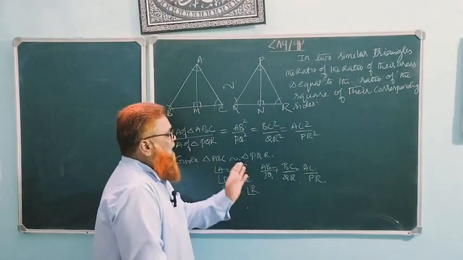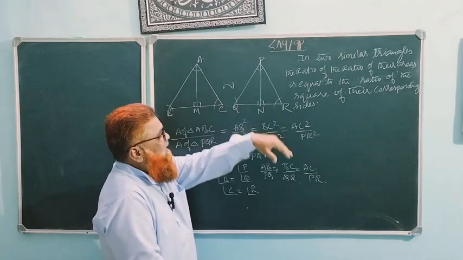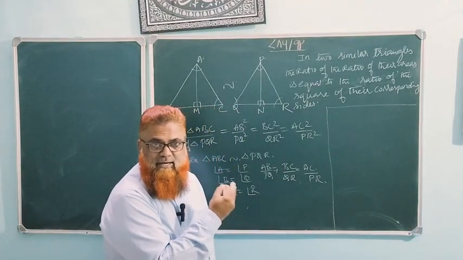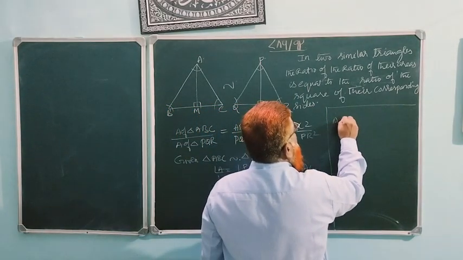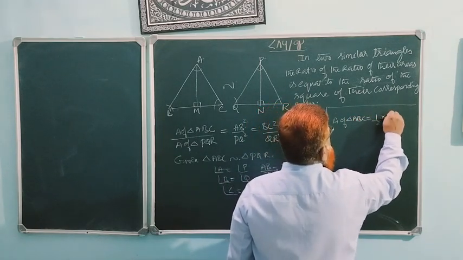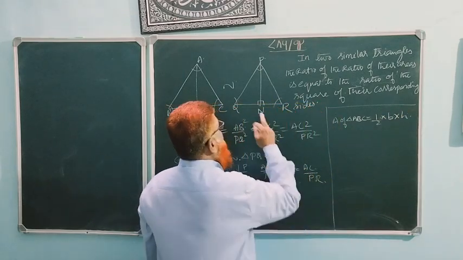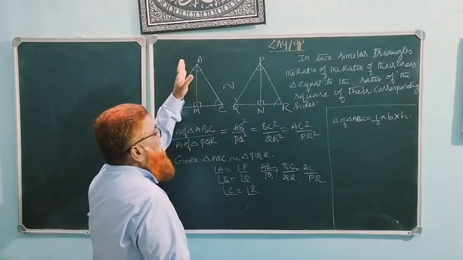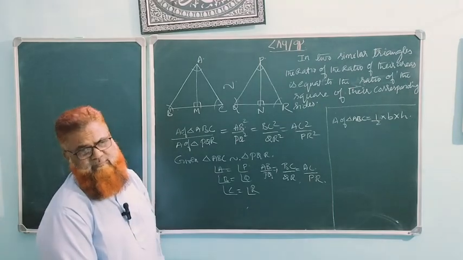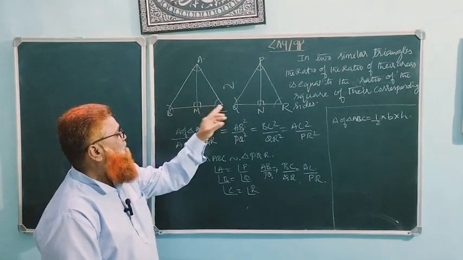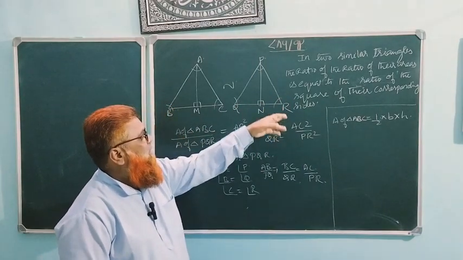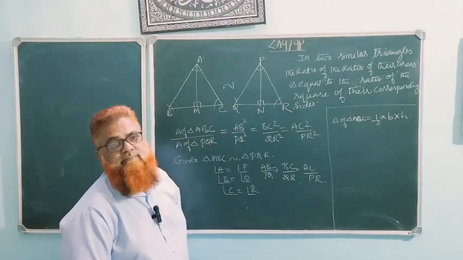Now we first take the area of triangle ABC and the area of triangle PQR on this side. I am writing on the board. Area of triangle ABC is equal to, what is the formula? Half into base into height. Now I would like to draw your attention to these two lines which I have drawn perpendicularly on the bases BC and QR. AM perpendicular to BC is the height of triangle ABC, and PN perpendicular to QR is the height of triangle PQR.